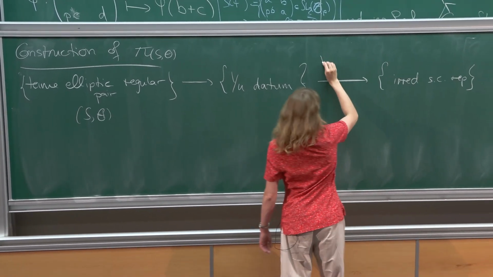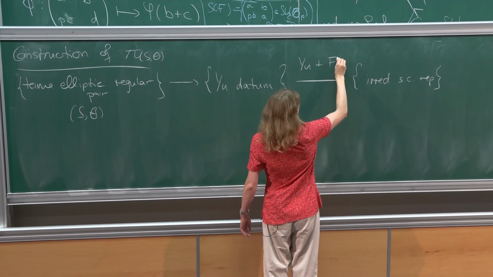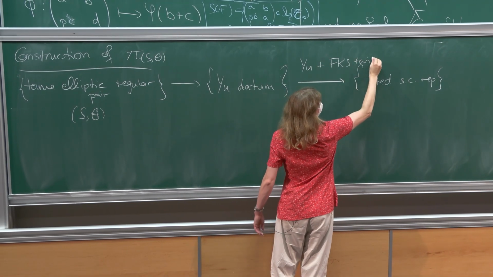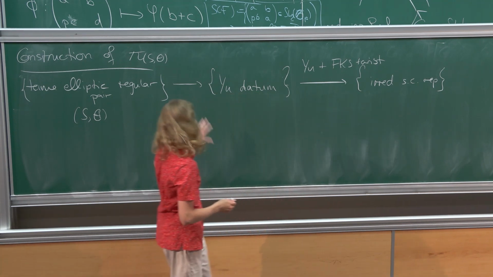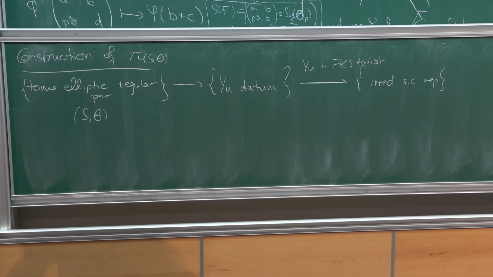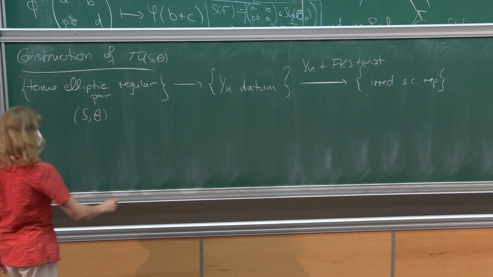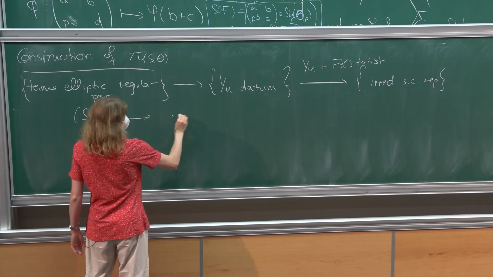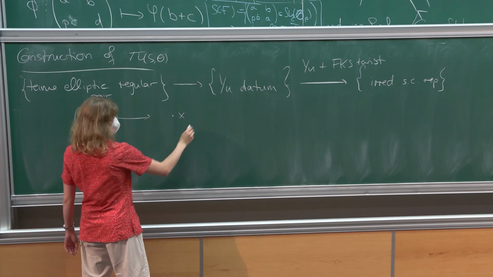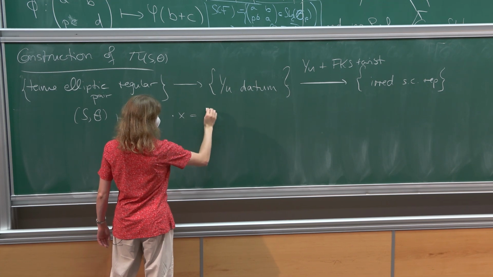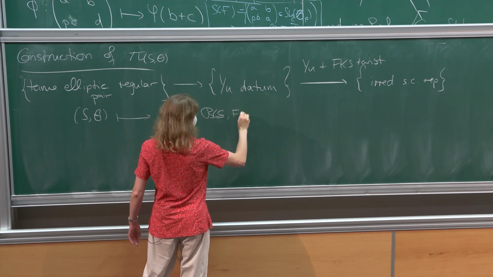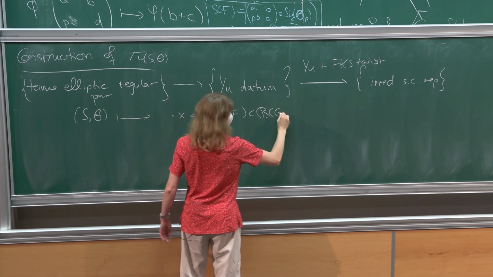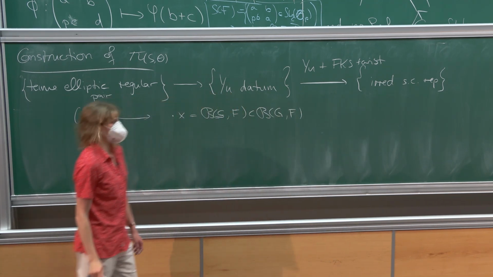So that's just the JKU construction plus a twist. So this is what I've already told you, or hand waved about. So this is the thing that we need to do. And how do we do that? Well, X is just the building of the elliptic torus S, which is a point. So that's how we get our point.